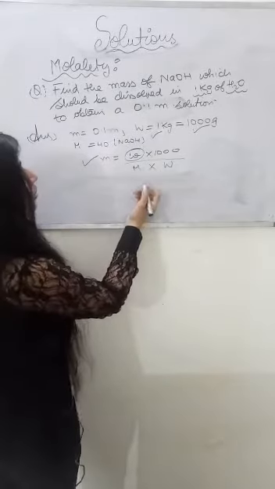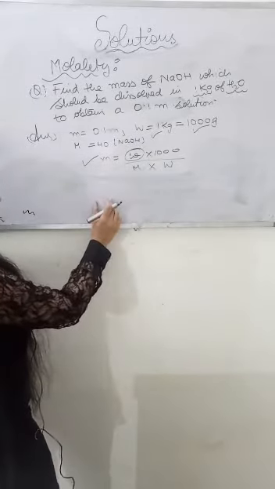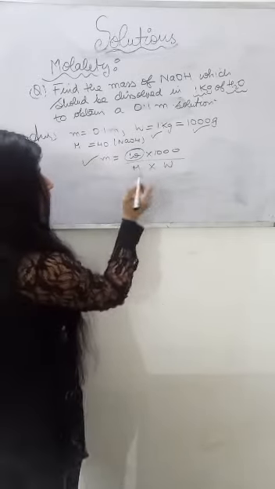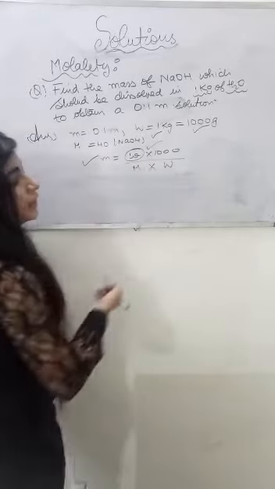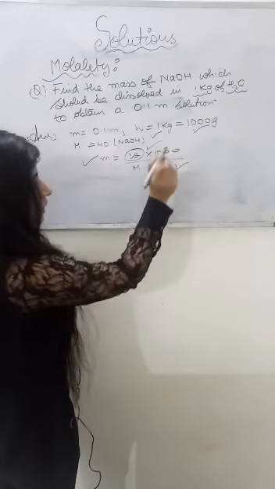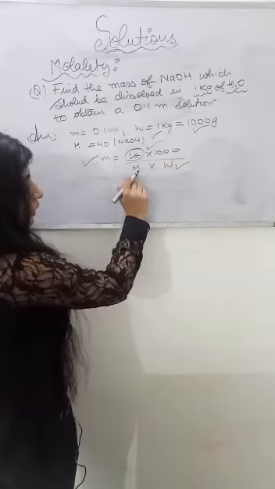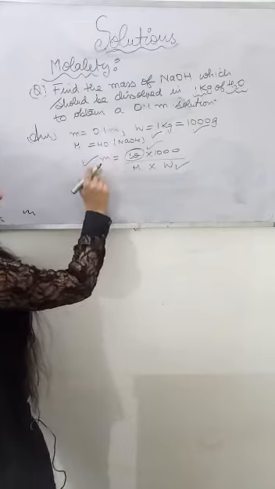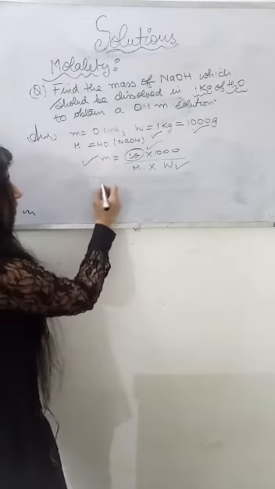And molality is already given. Then what they are asking about is weight of solute, because capital W represents the weight of solvent, that was given, molecular weight was given, and molality is given. Then what is left? Weight of the solute is left.